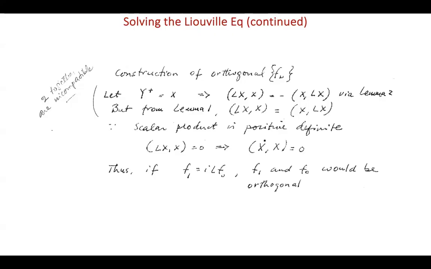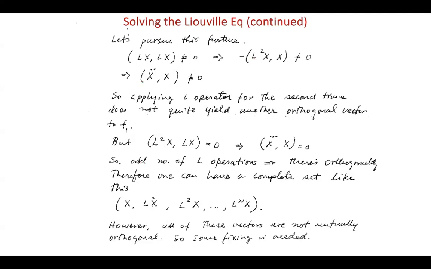So far, so good. Now complications will come. If I want to make Lx comma Lx, then Lx comma Lx is not 0. That's like the length square of Lx. How can that be 0? But Lx comma Lx is also equal to minus L squared x comma x, because I can move an L to the other side by paying the price of a minus sign.